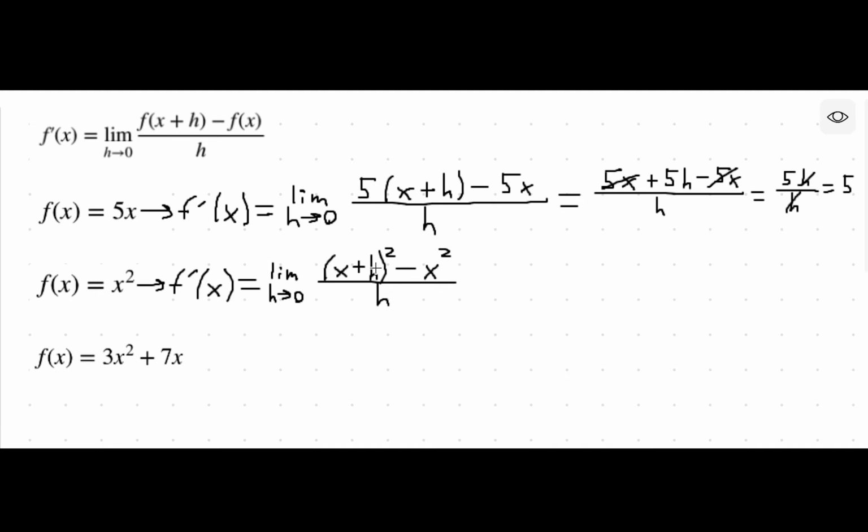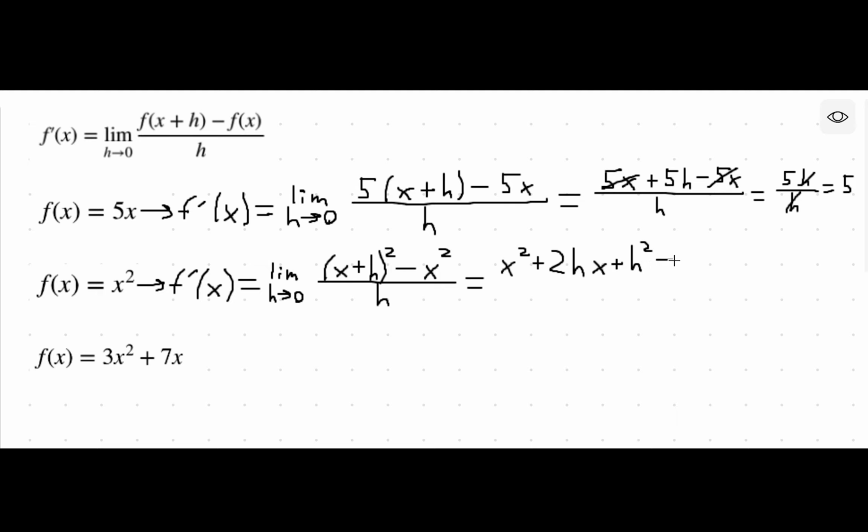Now we can simplify the numerator. We have x plus h squared, so we can expand that out. If I expand out the x plus h squared, I'm going to have x squared plus 2hx plus h squared.